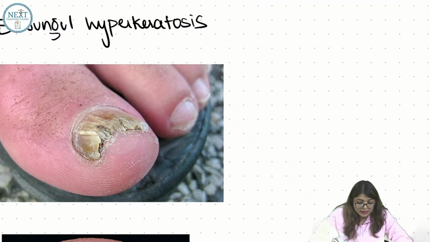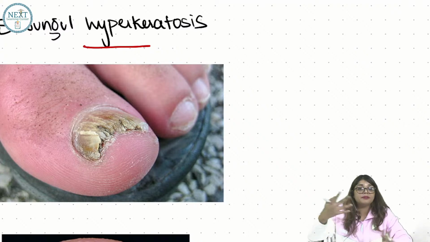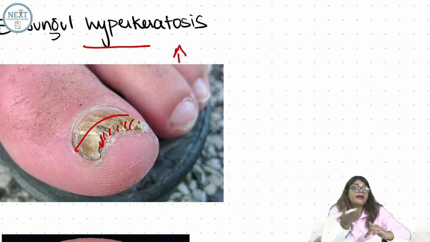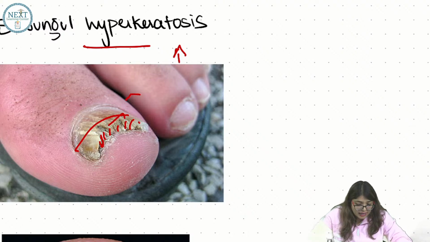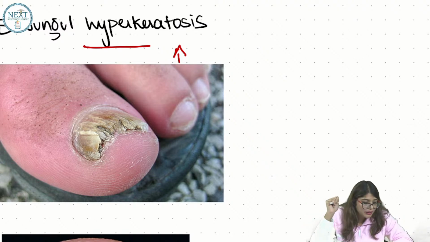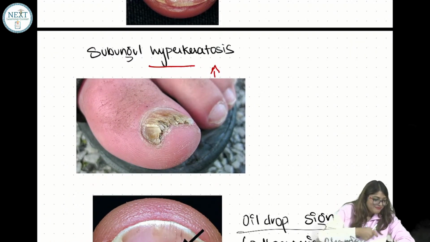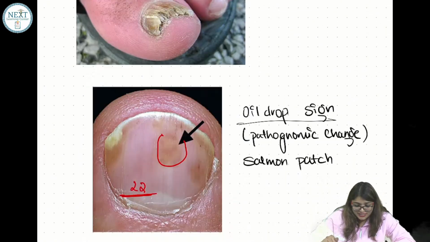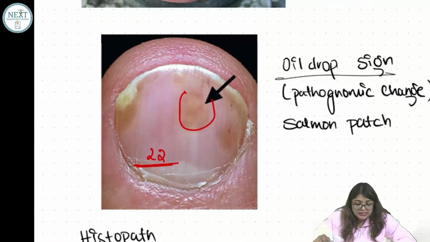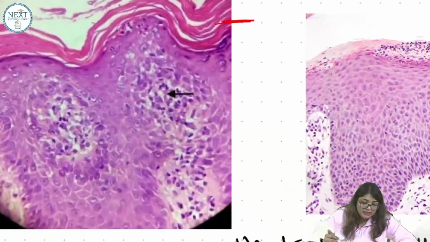Hyperkeratosis is an increase in the number of cells, so they keep increasing from the bed, and ungual is nothing but nail. So increase in cells in the nail is subungual hyperkeratosis. Galactosemia, very good. So pitting is the most common change, and this is your oil drop sign.